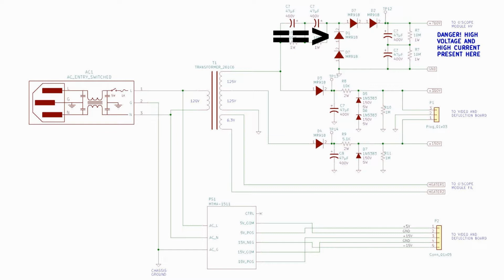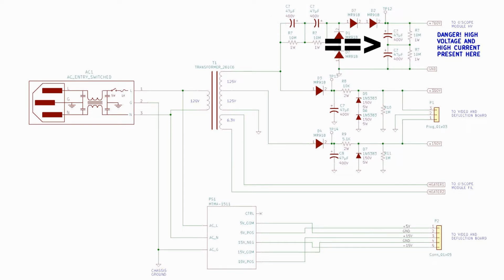In the original version, the diodes kept failing, so I doubled the diodes to give me 2 kilovolts PIV rating. The capacitors are 47 microfarads each at 400 volts.